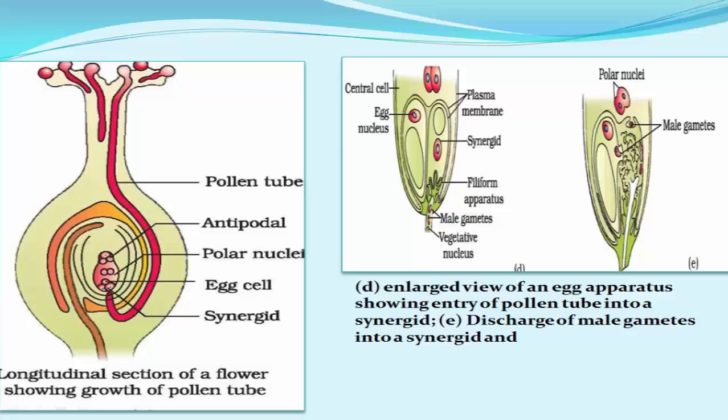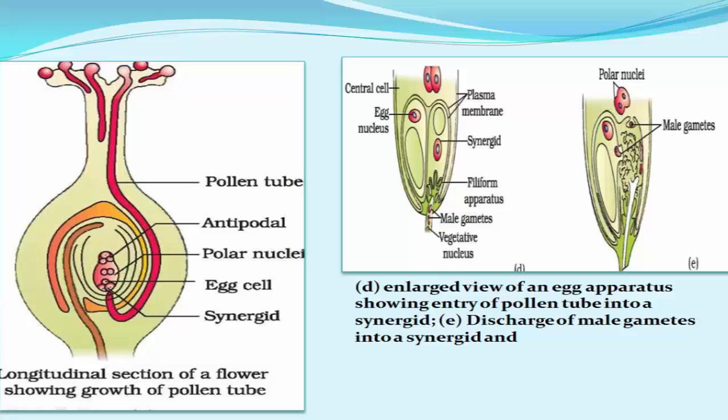This is completely dependent on the chemical components. Once the pollen grains are transferred to the stigma, it doesn't mean that all the pollen grains undergo germination. It is decided by the chemical interaction between stigma and pollen grain. If the pollen grains which are transferred to the stigma are of right type or compatible, the stigma supports the germination of pollen grain.